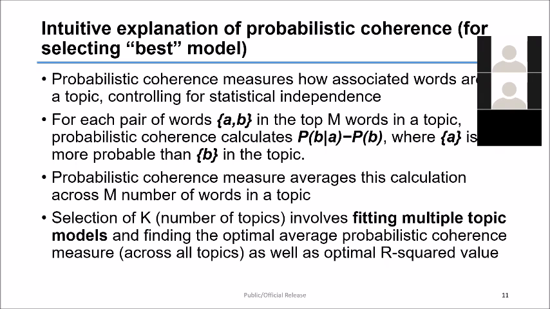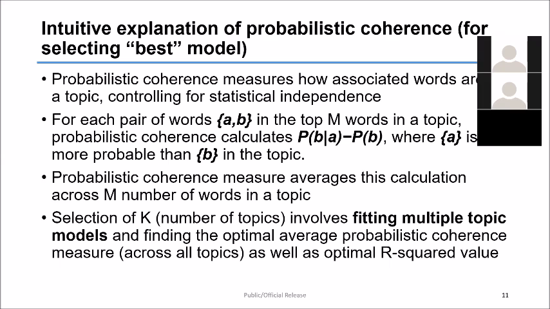If we restrict our search only to documents that contain the word A, then the word B should be more probable in those documents than if chosen at random from the corpus. Probability of B given A measures how probable B is only in documents containing A. Probability of B measures how probable B is in the corpus as a whole. If B is not more probable in documents containing A, then the difference of probability of B given A minus probability of B should be close to 0. So this is a measure of how associated they are, controlling for statistical independence.